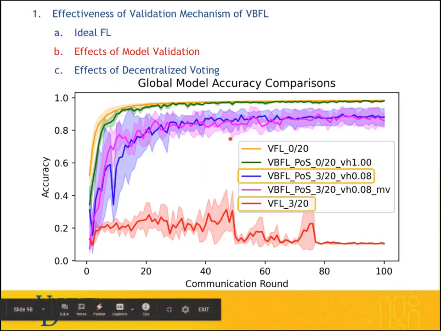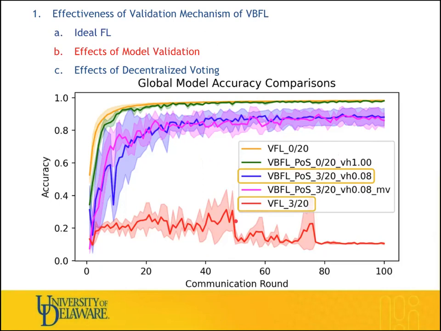If we compare the blue line with the red line, we observe that the validation mechanism in VBFL is able to discard the distorted local model updates effectively, as the learning accuracy is boosted from the red line to the blue line, and tries to approach the orange or the green line as much as possible. However, there is roughly a 10% accuracy trade-off, which may be because 15% of the MNIST training set was never adequately learned, because those devices put the injected noise into their local model.